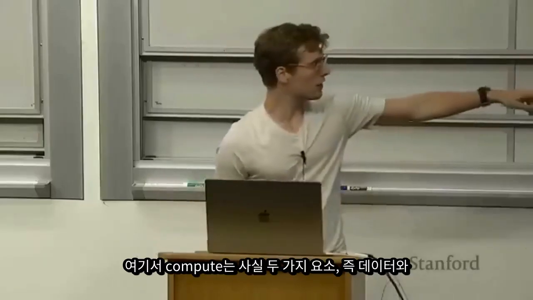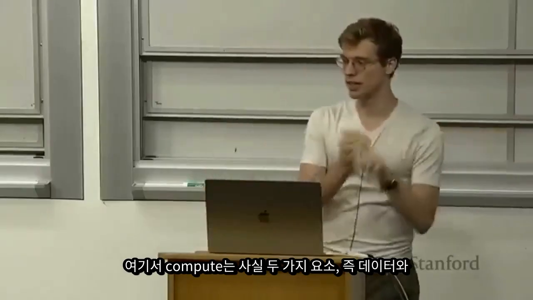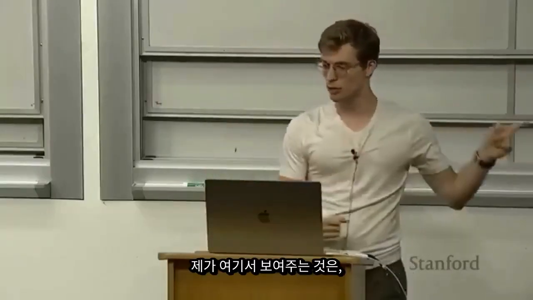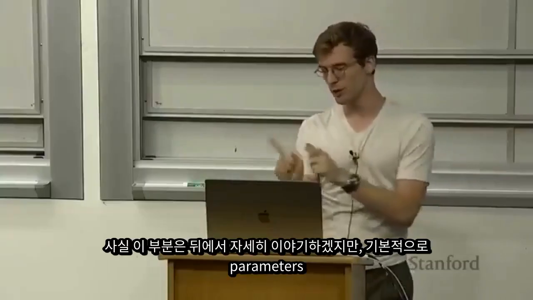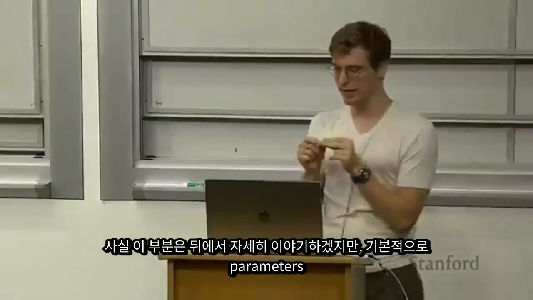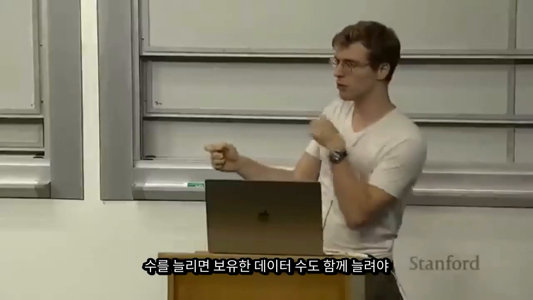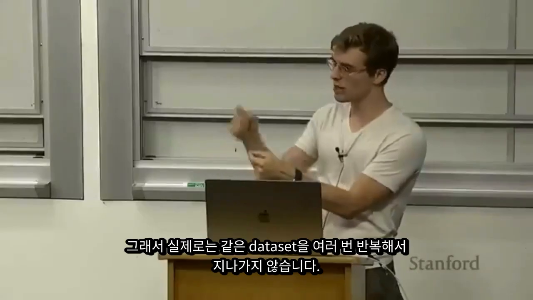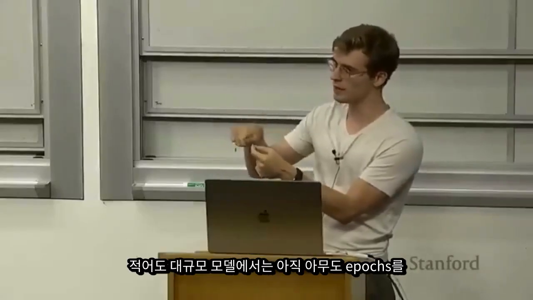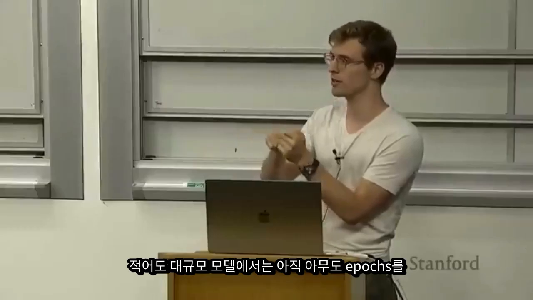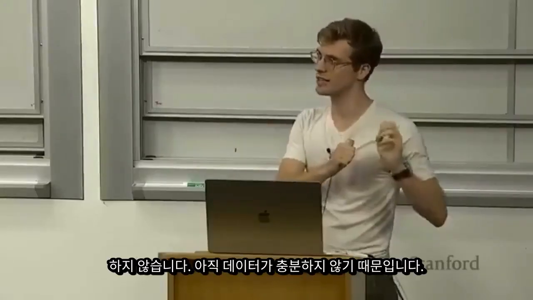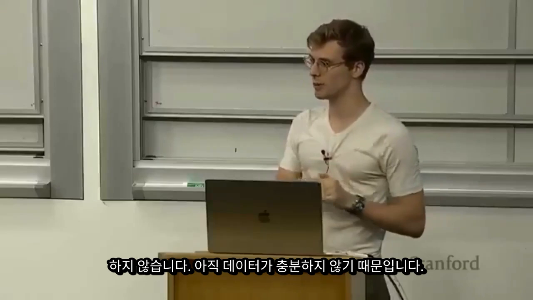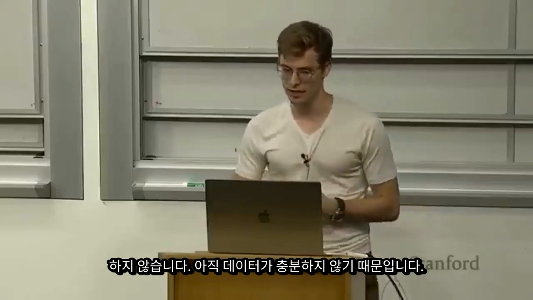So the compute here is actually a factor of 2 things, the data and the parameters. Actually, we're going to talk about that in detail, but basically, if you increase the number of parameters, you should increase the amount of data that you have. So you actually don't go multiple times through the same data set. No one does epochs in large language models, at least not yet, because we still don't have enough data.